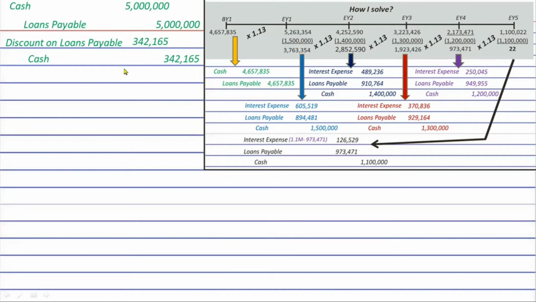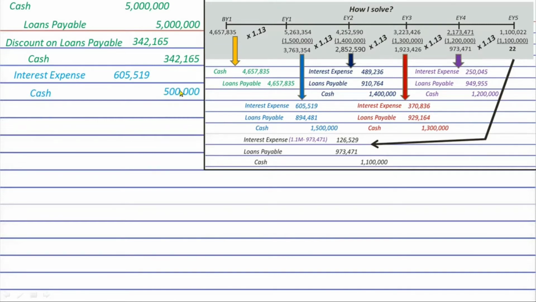Now, let's go to the end of year 1. Instead of this entry here, you have to make two sets of entries. Set 1 is for the interest. Debit interest expense, which is the same as the entry here, so the amount is just the same. And then credit cash for interest payment only.